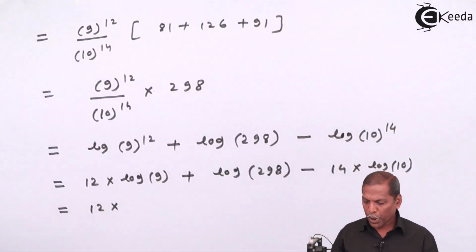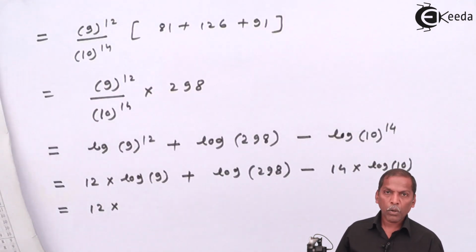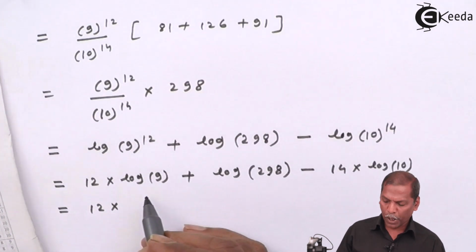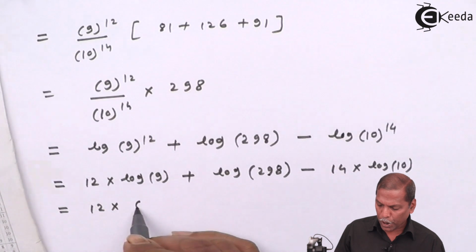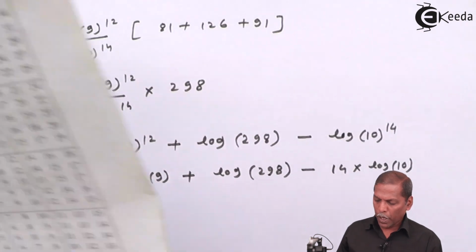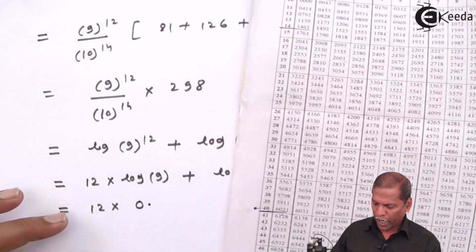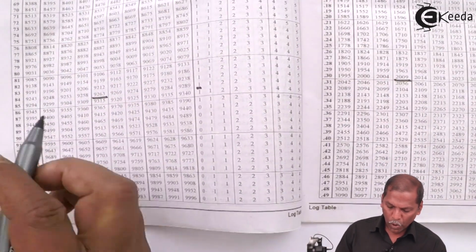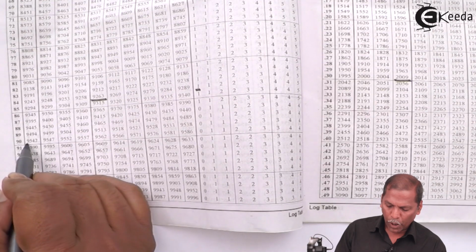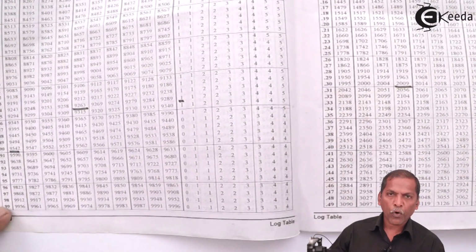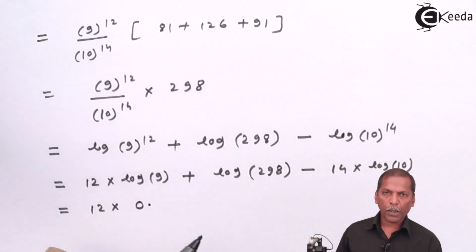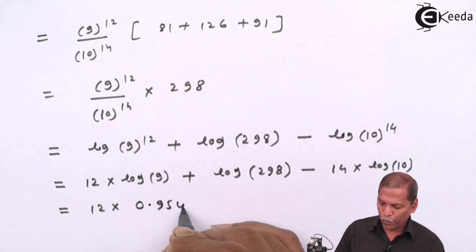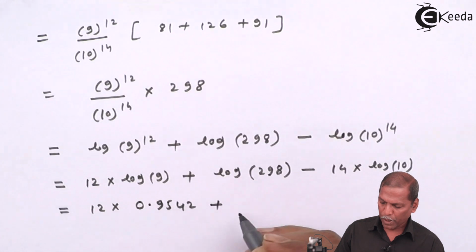So here by using the log table we have to find the value of log 9. Since here only one digit, the characteristic is 0 point. Then log 9, that we can find at 90 under 0. So 90 under 0 gives 9542. So it means we get 0.9542, plus.